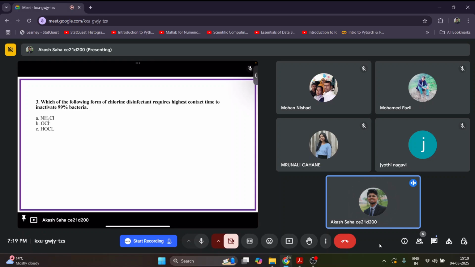Whereas OCl minus is a kind of anion, it is negatively charged, so some resistance will be there to enter the bacterial cell wall.